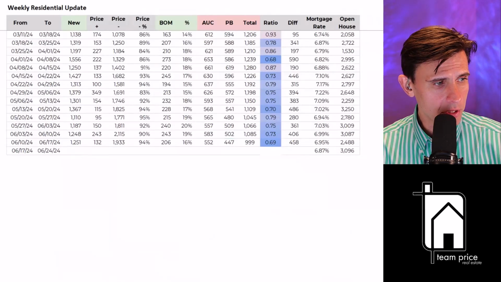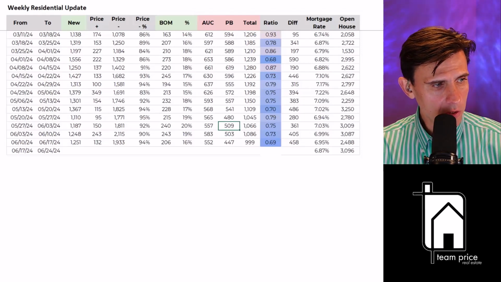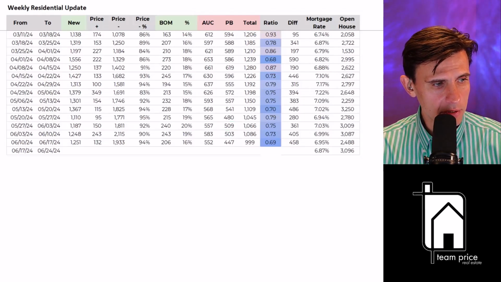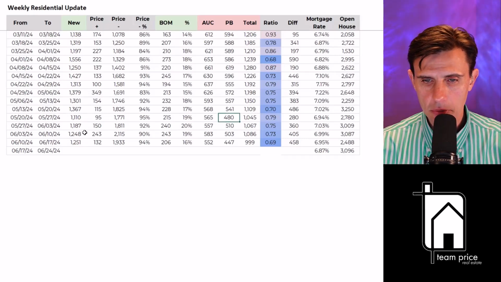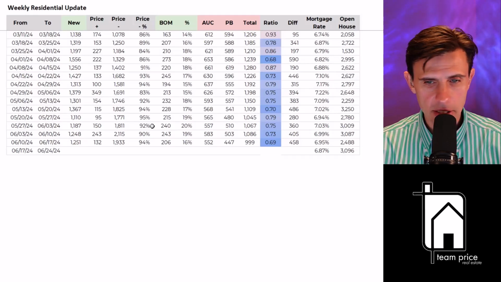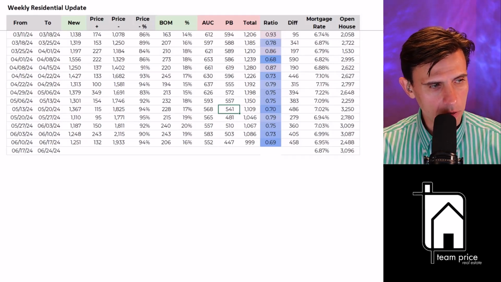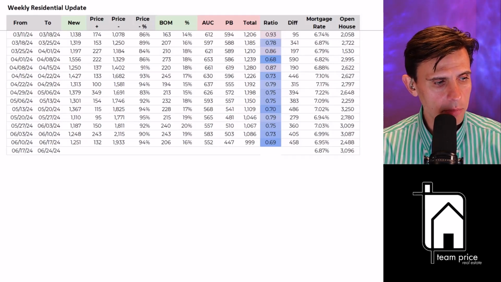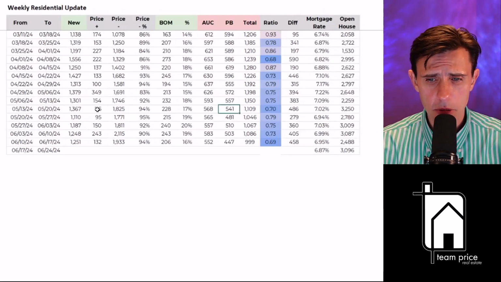Let's go backwards in time a little bit more, from the 3rd all the way to the 10th. That's going to be 503. Let's go back from the 27th all the way to the 3rd. That's going to be 510. Let's keep going from the 20th to the 27th, and that's going to be 481. We're going to keep going until we no longer have to update anything. That's going to be 541, so we're good to go. We don't have to update anything.